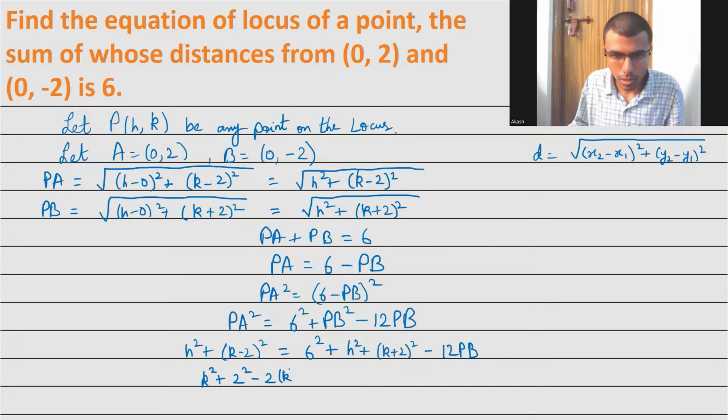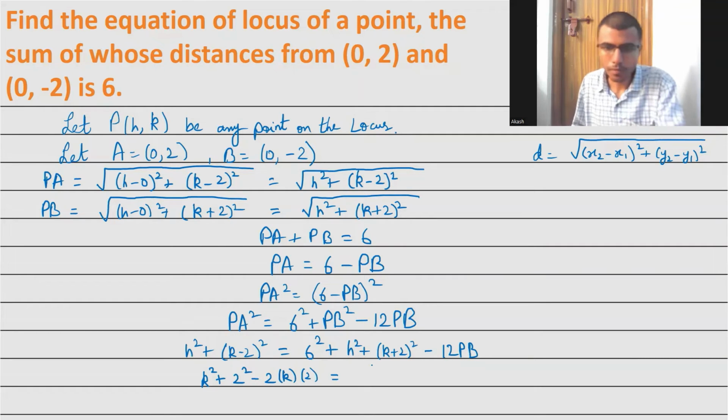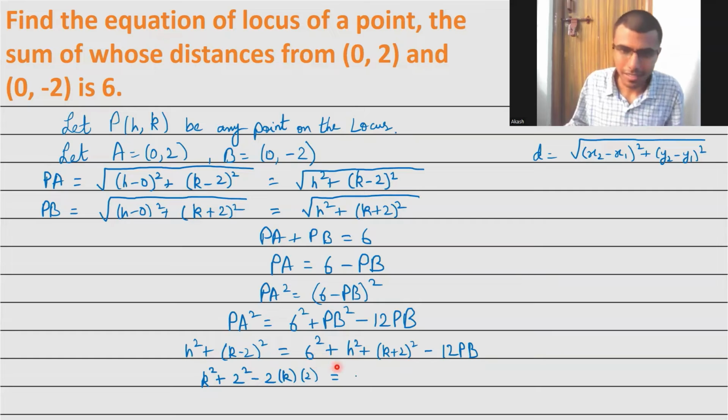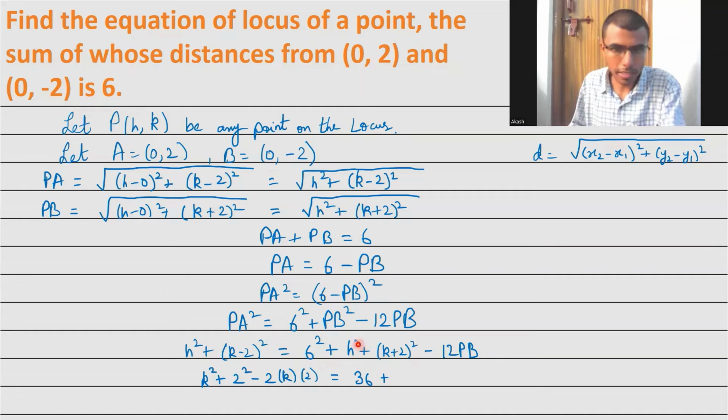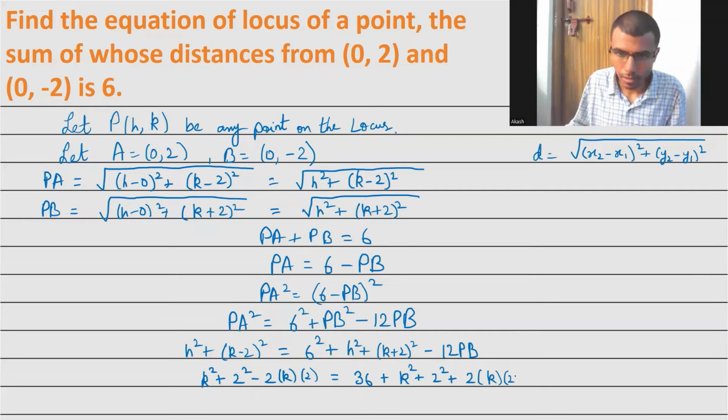This is equal to 6 square, which is 36, plus k plus 2 whole square. As I told you, h square and h square got cancelled. So k plus 2 whole square is k square plus 2 square plus 2 into k into 2 minus 12 PB.